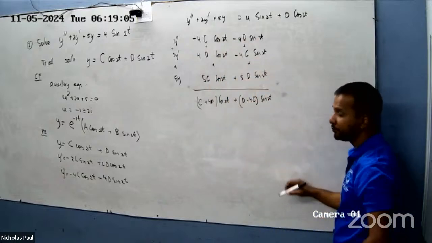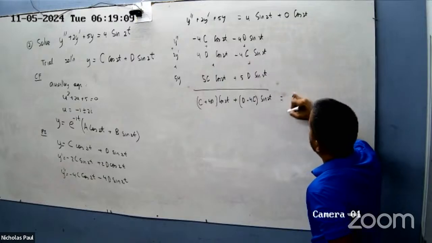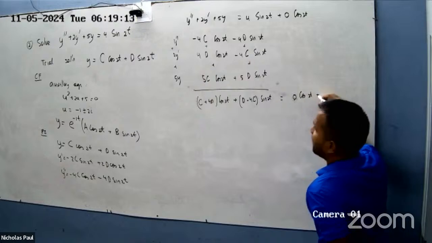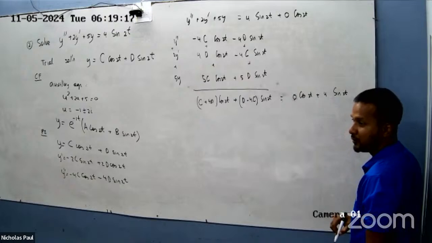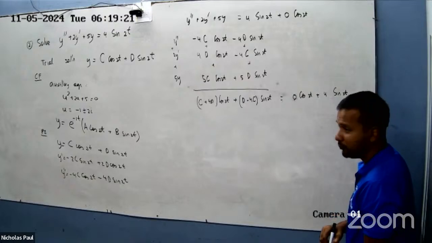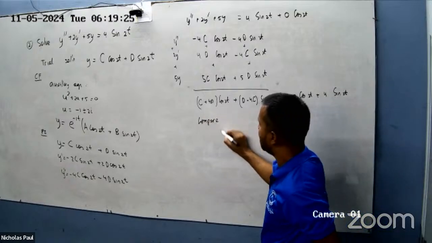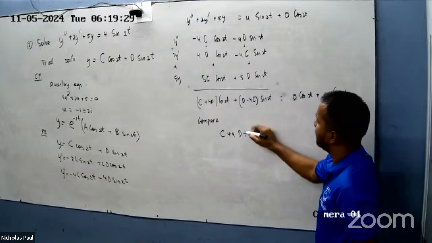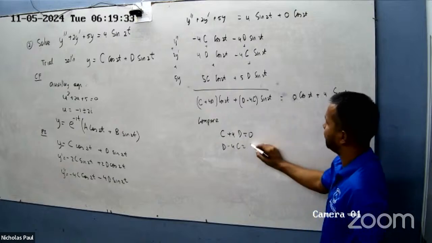Right? And then we know that all of this is equal to 0 cos 2t plus 4 sine 2t. Are you okay with that? Right? So now I can compare. So I'll get c plus 4d is 0, and I will get d minus 4c is 4.